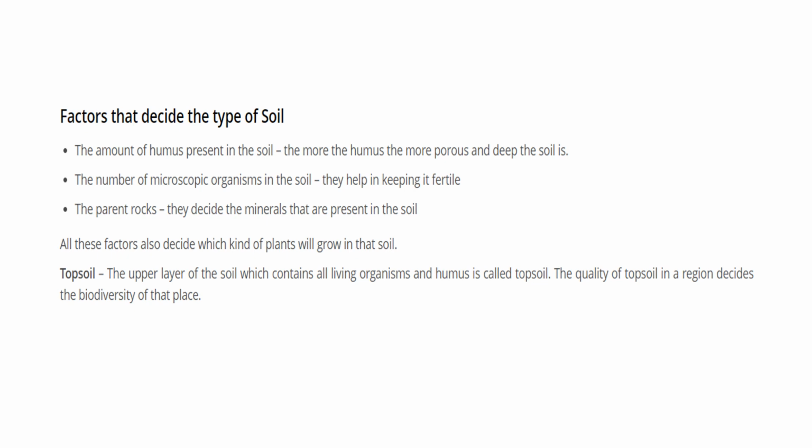The quality of topsoil in a region decides the biodiversity of that place. So previously I told about the layers of the soil. There we learned about the topsoil, which has the roots in it and which has humus in it. So its quality, whether it has more humus, the biodiversity of a place depends on that. If crops grow on it, more people will live around that area, and crops can grow around the area if the soil is fertile. And similarly, there will be more greenery, and animals can survive. So that is how it decides the biodiversity of that place.